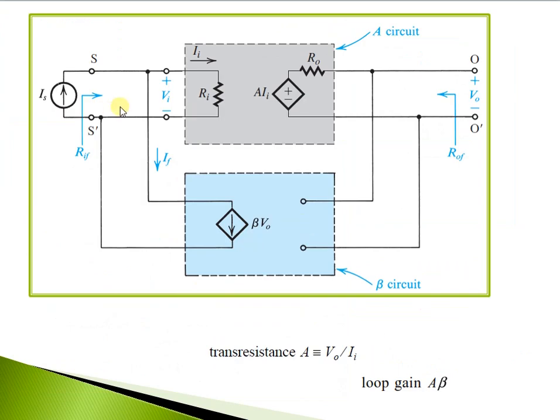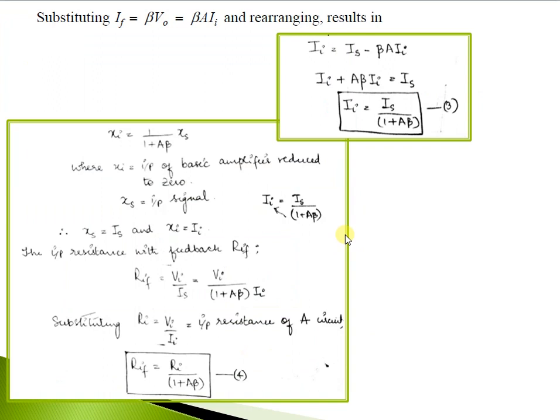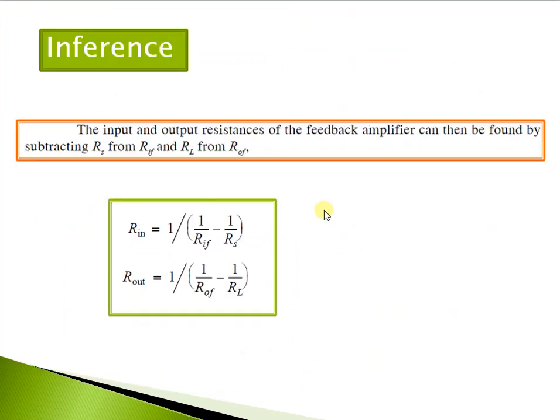If you observe this circuit, we have a shunt connection at the input as well as a shunt connection at the output side. Because of the shunt connections at both the input and output sides, we can conclude that the input and output resistance with feedback are reduced by a factor of 1 plus A beta.